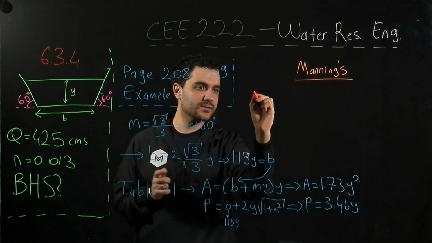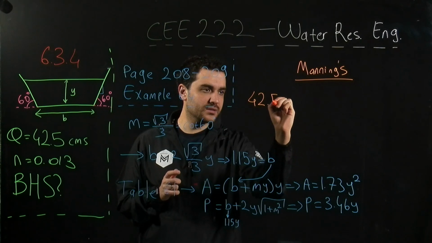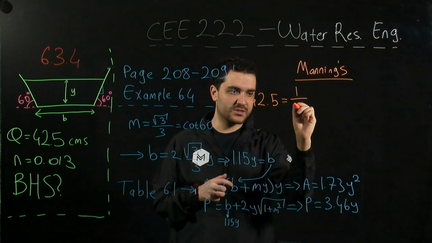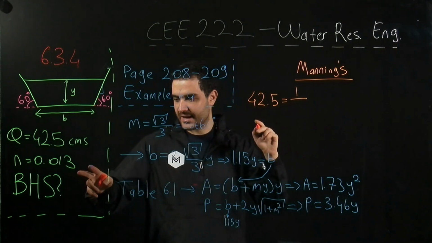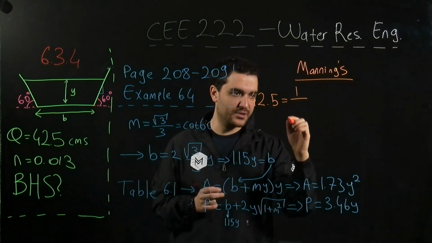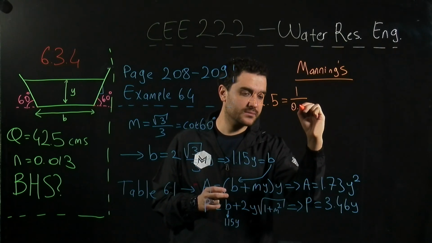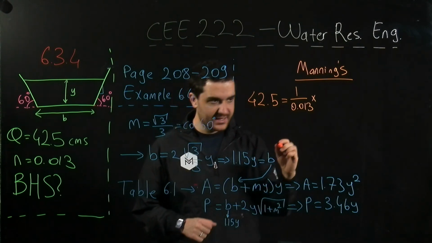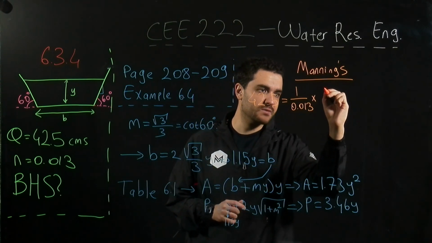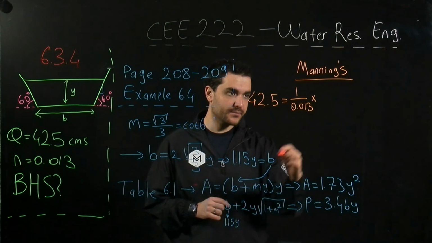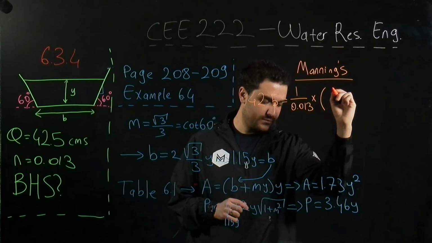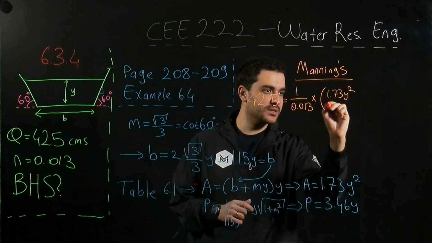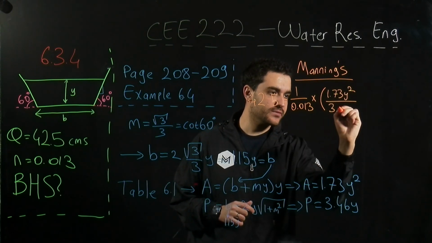We had 42.5 cms, which is equal to 1 over n, which is Manning's n coefficient, given as 0.013. And then we will have the hydraulic radius, which is A over P. So we have 1.73y² over 3.46y.